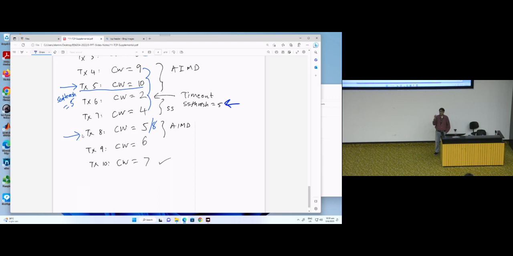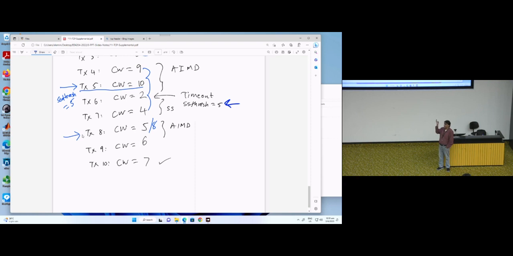Then, what's going to happen now in transmission 8? What would you do? You are the network implementer. Yeah, so that's what I did here, 5. But you realize that there's no decree from above that says you must do this, right?